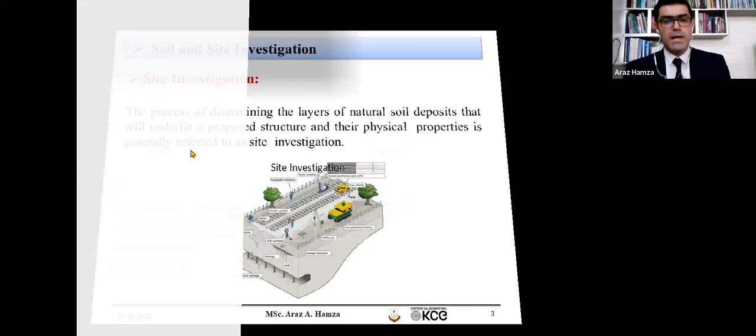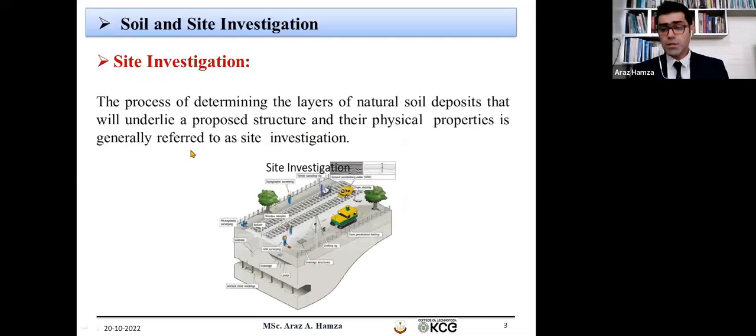Now, let's start from site investigation. For engineers and the students from civil engineering, it's very important to know about site investigation. What is site investigation? If you have a plan for constructing every project in every place, before everything, we need to have some information about the land, because we are going to use that land to construct our project.